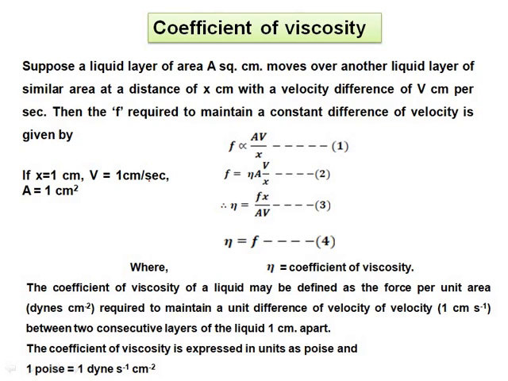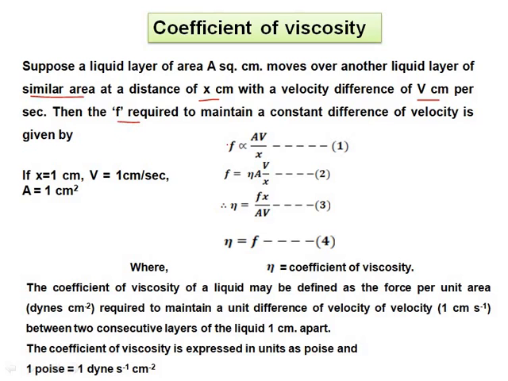Suppose a liquid layer of area A square centimeter moves over another liquid layer having a similar area at a distance x, with a velocity difference v per second, and F is the force required to maintain the constant difference of velocity.